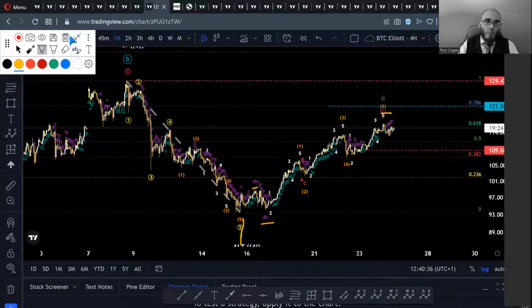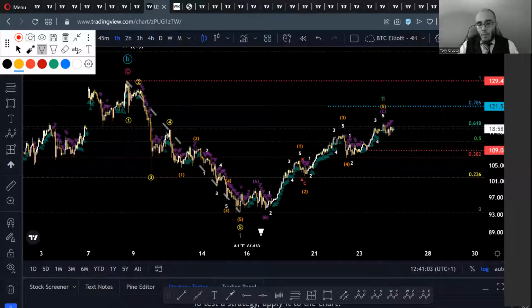I mean wave 1 of 5 ended down here. And then I put an A wave, a B wave, and a C wave, the C wave being huge. And you can count it like this, because the A wave in that case would have 3 waves, which is all white. The B wave would have 3 waves, which is all white. And the C wave would have 5 waves, which is all white.